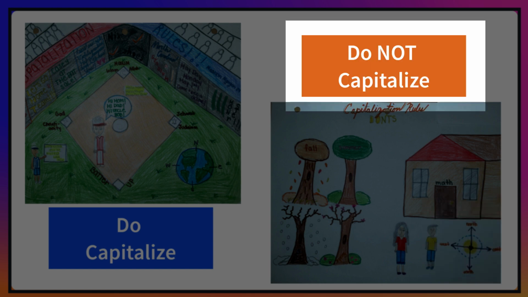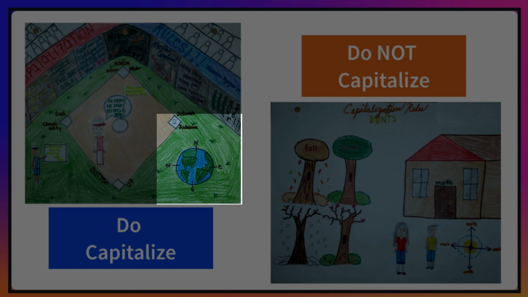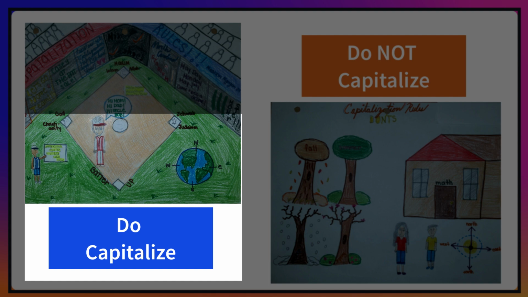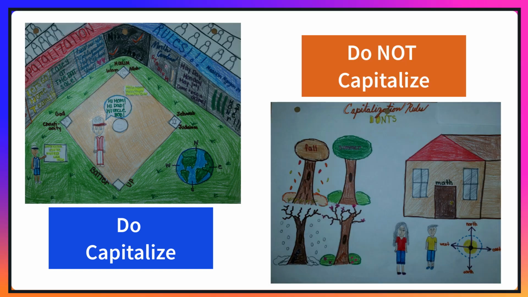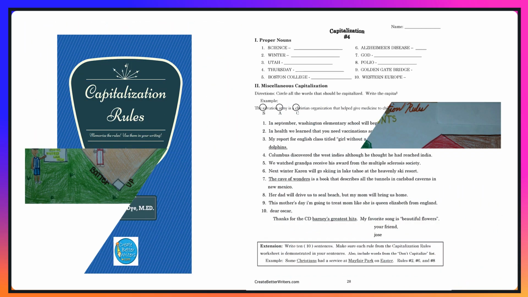But if they are part of a geographical location, such as North Dakota or South America, in those cases, you would capitalize them. So it's kind of like a title. And the pictures give a very clear example of when you should capitalize geographical locations and when you should not capitalize words if they're just directions.